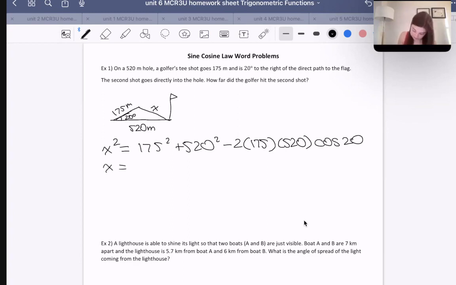Okay, so let's first find out cosine of 20, and make sure in this case that you're on degree mode, that you see a little DEG at the top, very important. All right, times 2 times 175 times 520 is going to equal that, okay, plus 175 squared plus 520 squared, okay. So we're going to have 171,024.057 over here.